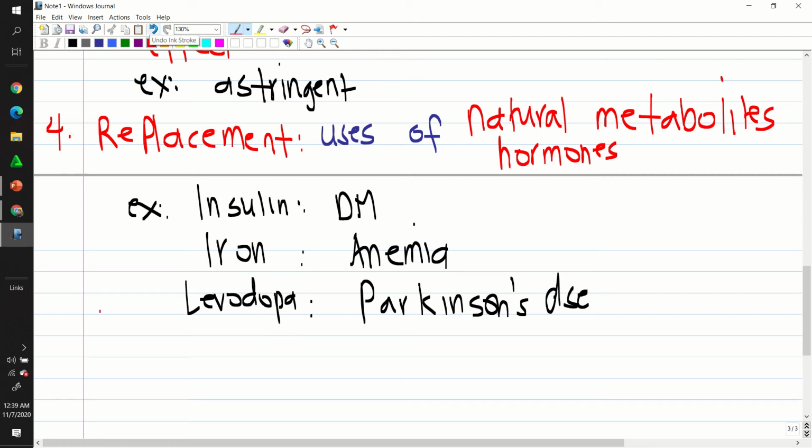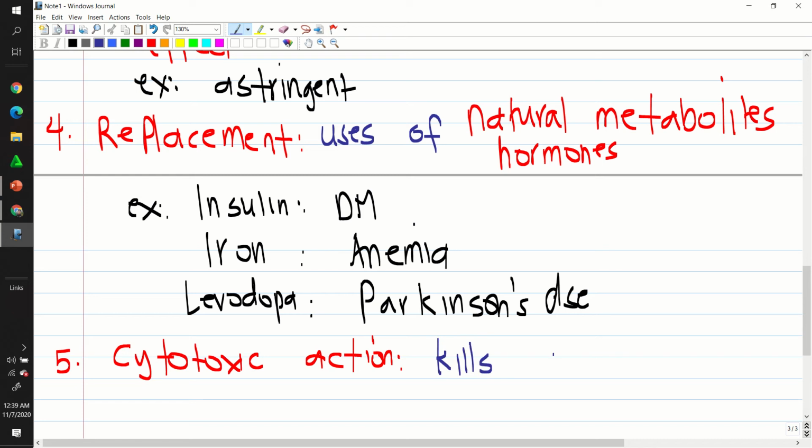It replaces essential body compounds. And number 5, we have the cytotoxic action or mechanism of a drug. This cytotoxic action selectively kills invading parasites.